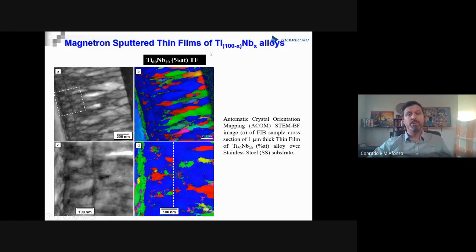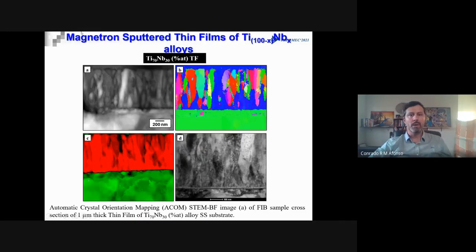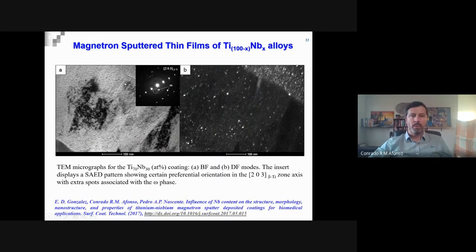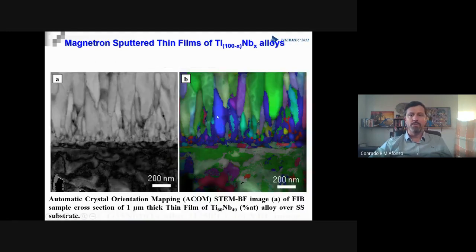So this is already the results for the titanium alloy with 20% atomic of niobium. Here the alloy with 30% niobium, and we can see that we don't have that transition, we just have the elongated grains. And here the map of the beta phase and the map of the iron austenite from the stainless steel. And here we have just one STEM image of the film in bright field mode.